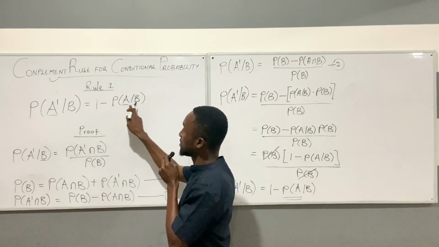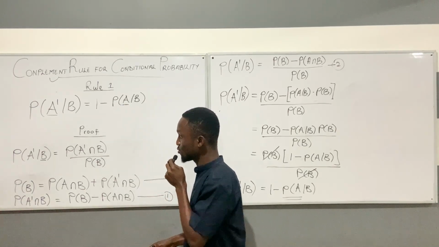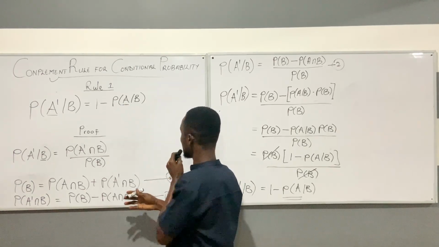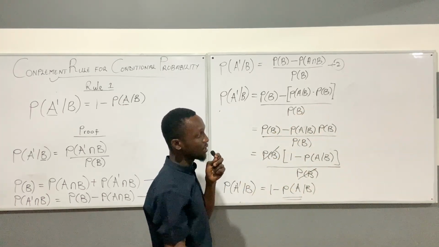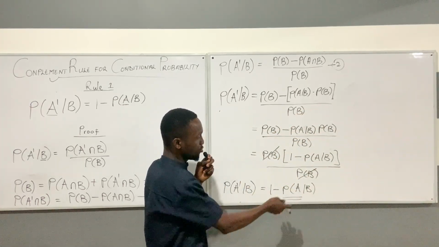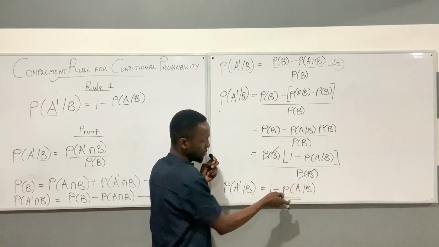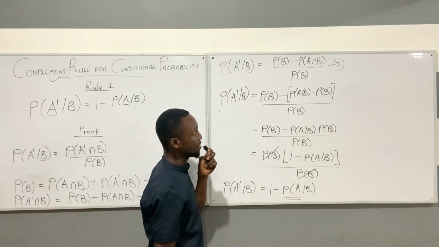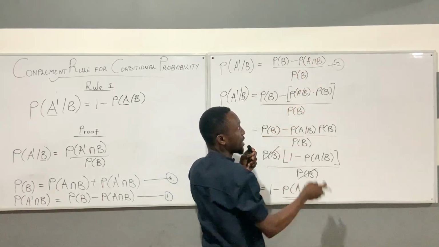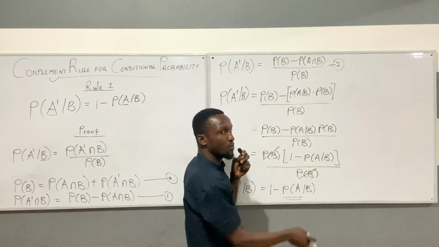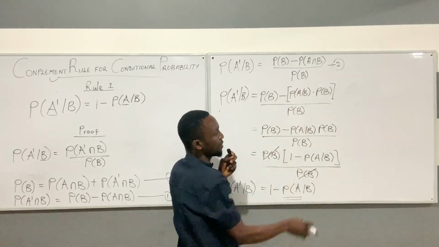Unless you don't know this, and if you don't know this, it is easy for you to calculate. I've given you some of the rules, so you can use the conditional probability rule to arrive at this. And if you have this, you just subtract from 1 and you get the result. If you don't have it and you have the event A and B occurring together and you have the probability of B, you can use this formula. It will work.